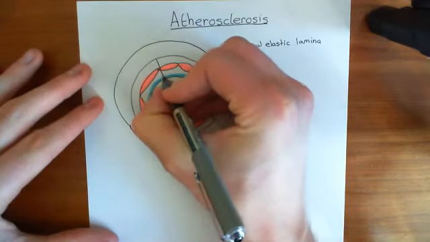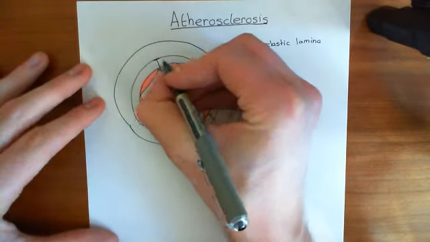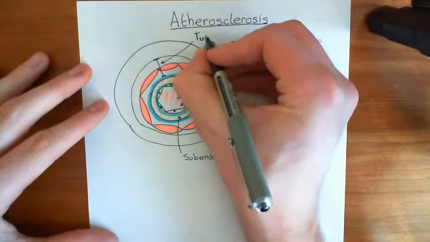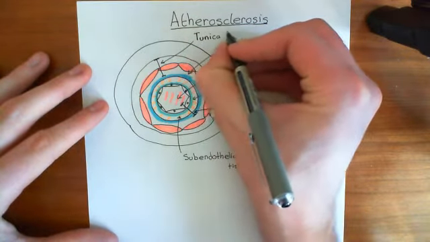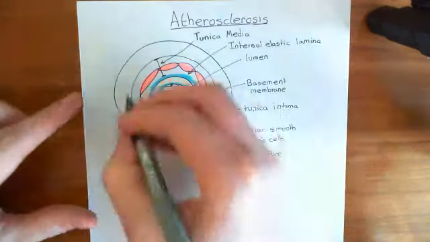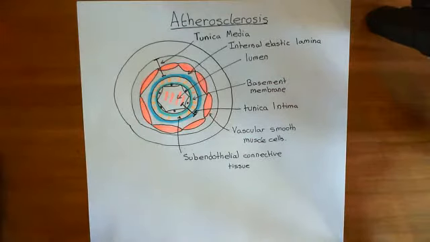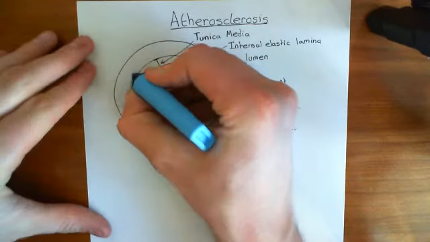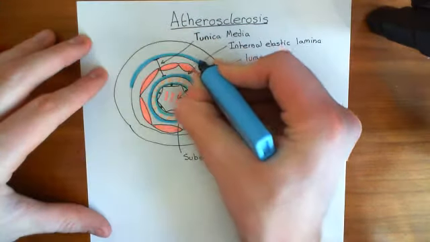This entire layer of vascular smooth muscle cells is known as the tunica media. Tunica again means layer, and media means the middle layer, so this is the middle layer here. Then surrounding the tunica media, you have another layer of elastic tissue, which I'll colour in blue.